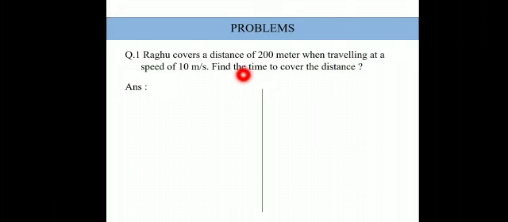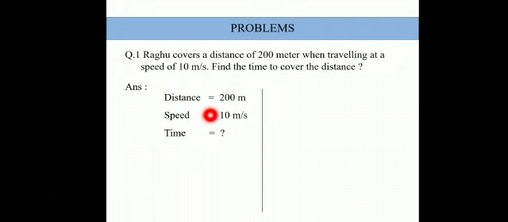Time. How much time does he take to cover that much distance at this speed. So what is given to us? Distance is 200 meter, and speed is 10 meter per second. So we have to find out time.